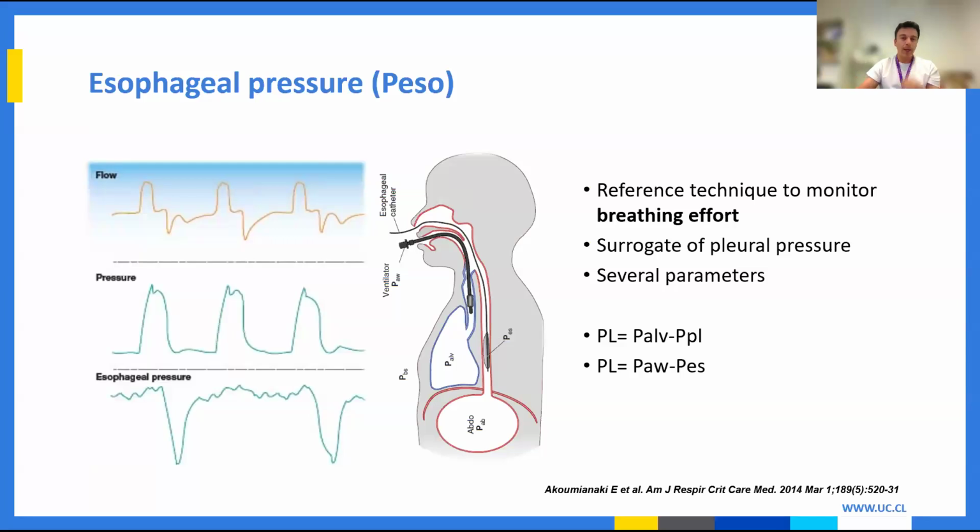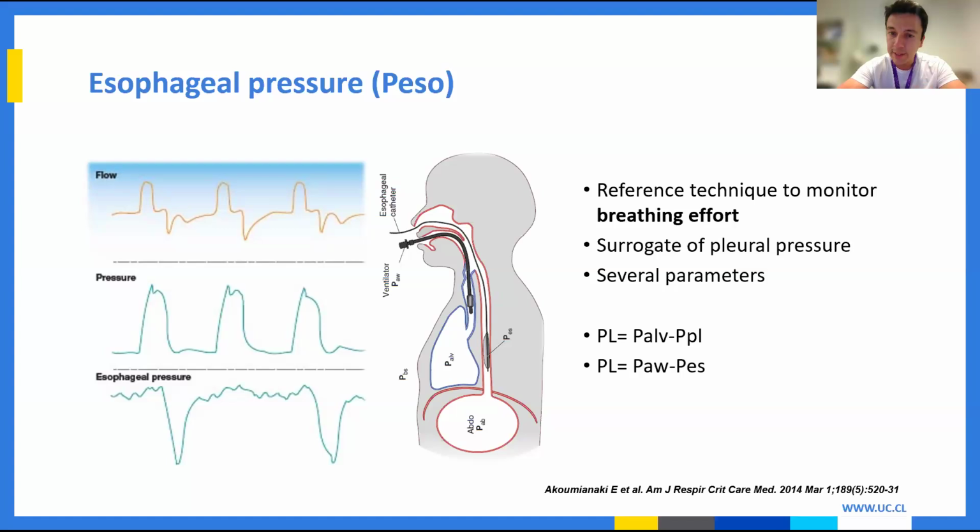So the reference technique to assess the breathing effort is the esophageal pressure. For those who are not familiar with this tool, to assess the esophageal pressure, you need to insert a catheter in the esophagus, and then you need to inflate a balloon so that you can measure the surrounding pressure of the esophagus.